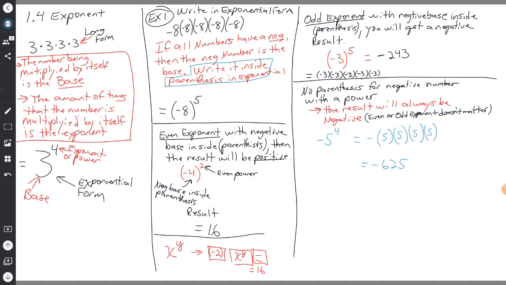Even or odd exponent, it doesn't matter. So that's why you have to be careful when you're working with negatives, because we have these different rules involving whether it's inside of parentheses or not.